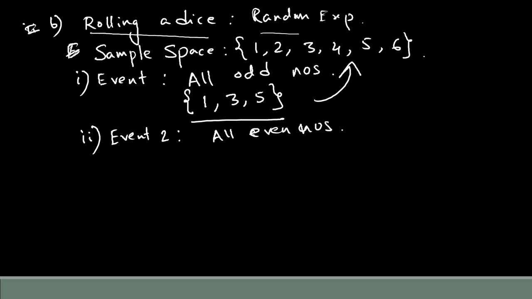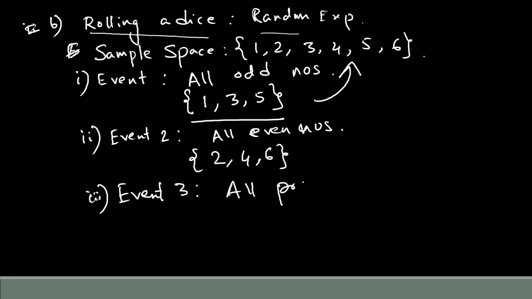What will be the outcomes then? 2, 4, 6. Let's say event 3 can be all prime numbers. What are the outcomes here? If it's all prime numbers, 2, 3, 5.